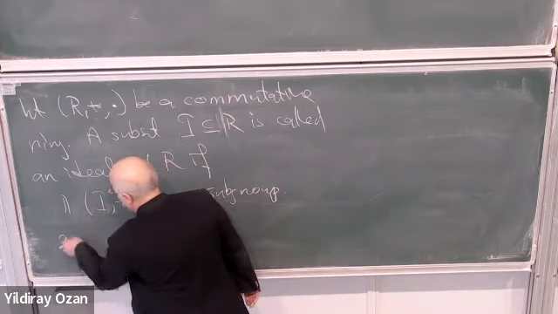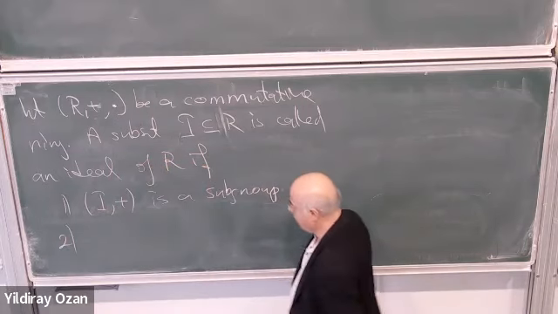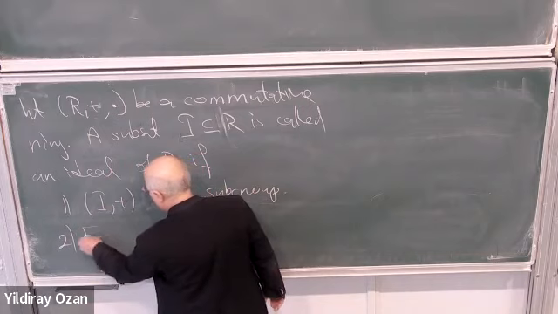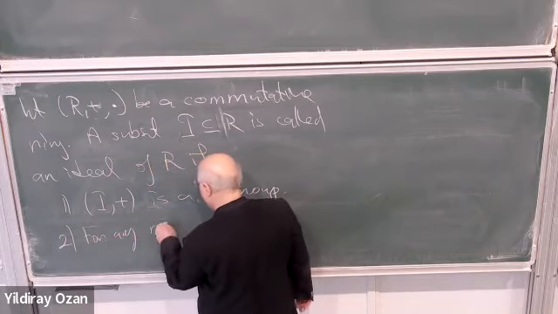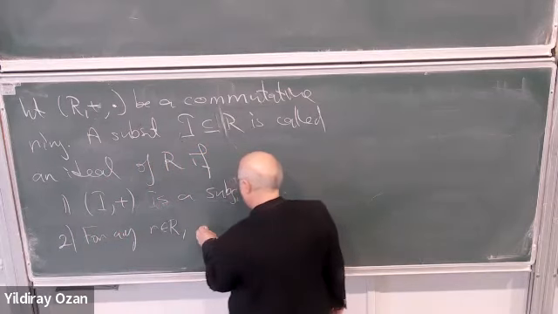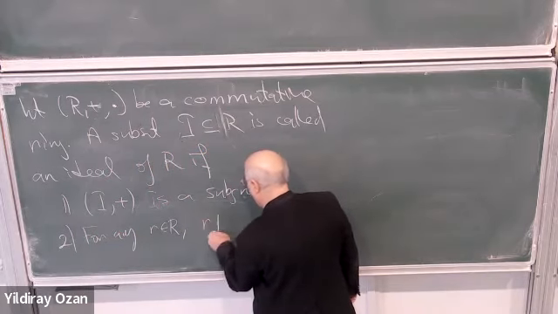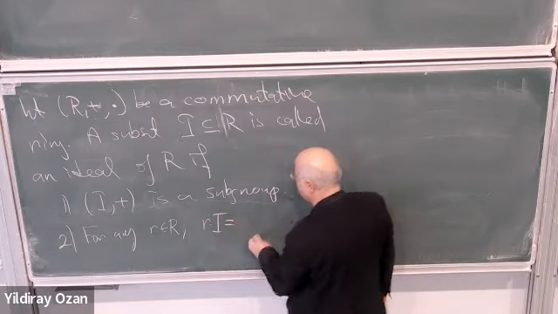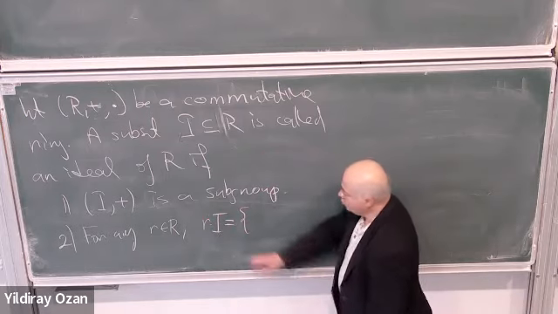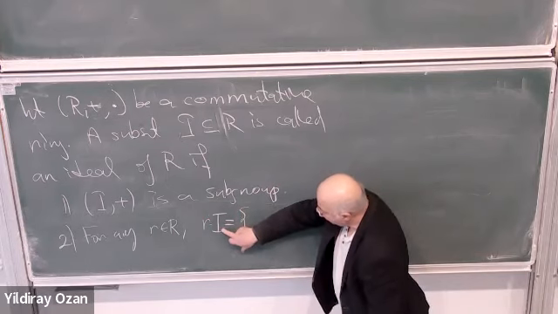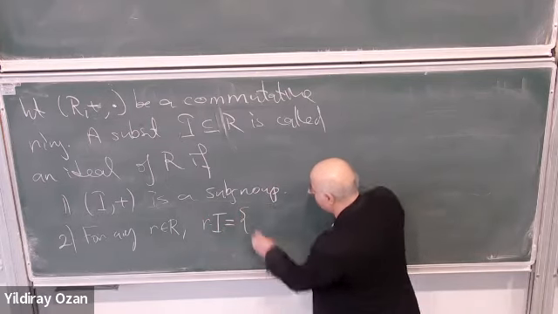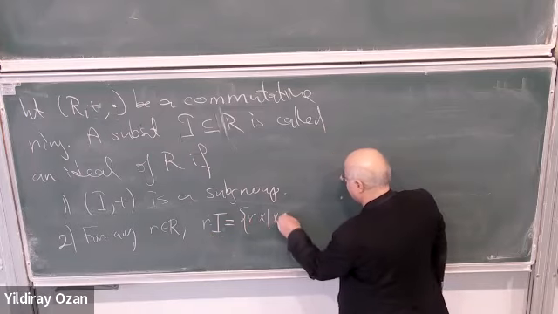And the second condition is the following. For any r in R, r times I. So what I mean is this. You multiply elements of I with r. So you look at things like this.